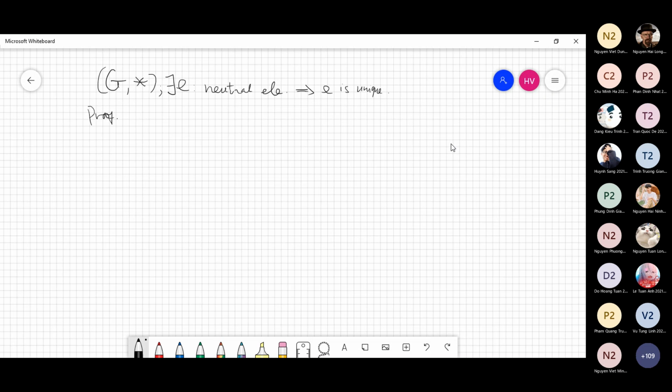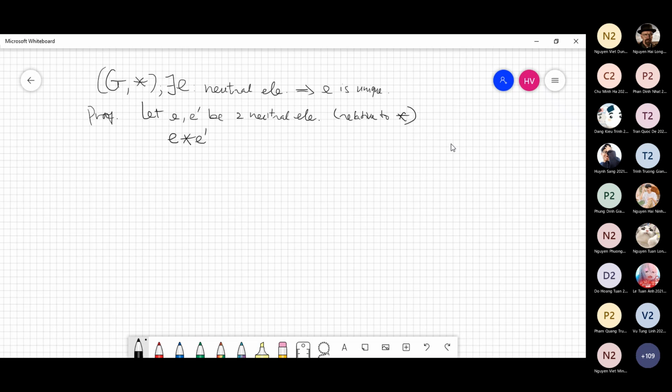This means that we will prove this. Let E and also E prime be two neutral elements, of course, related to star. We will prove that E and E prime should be the same, because then it means that E is unique. So let's take E star E prime.